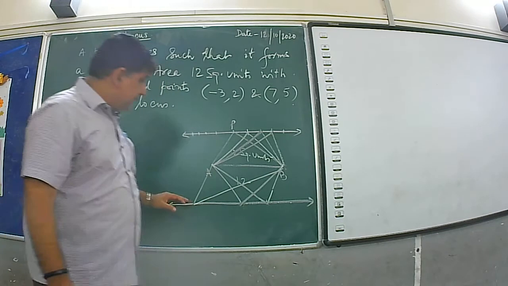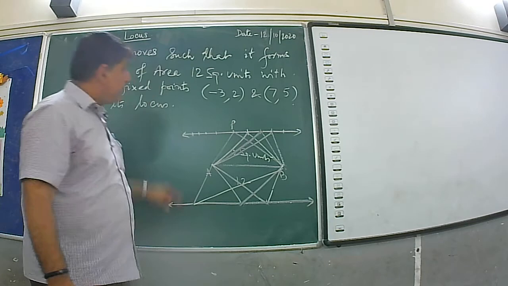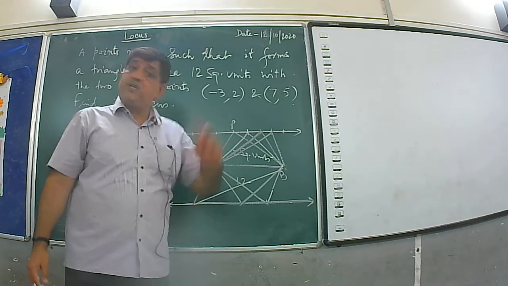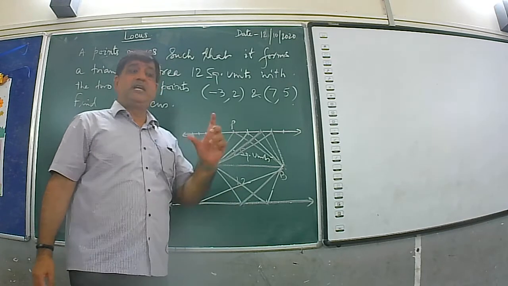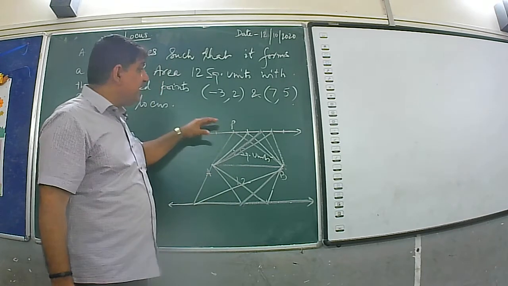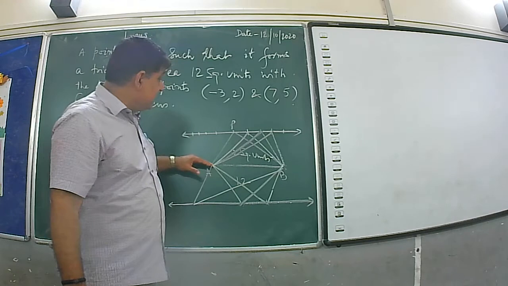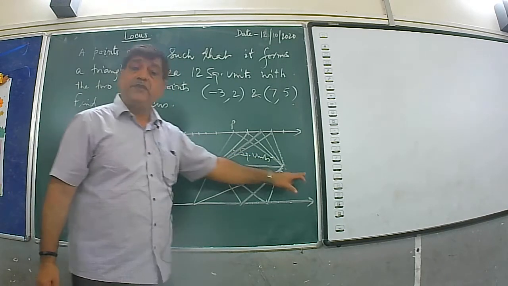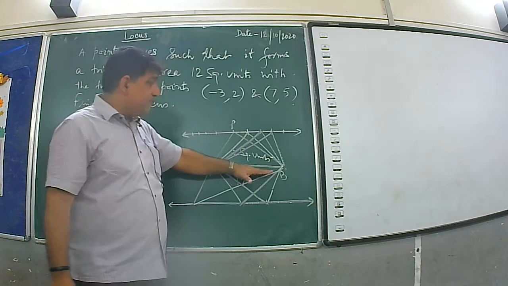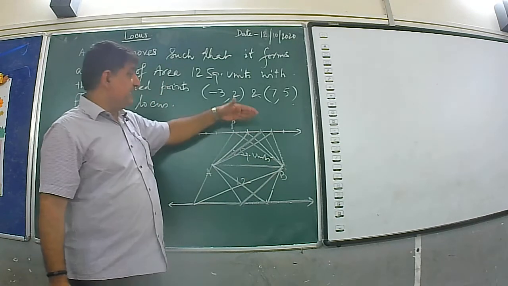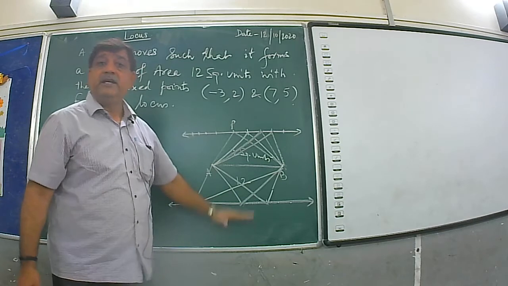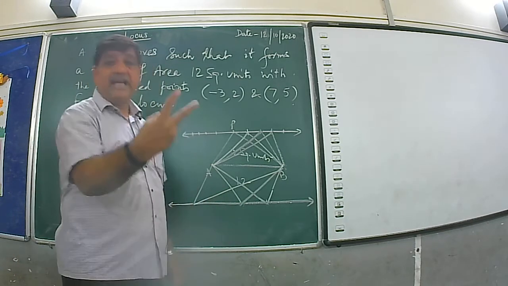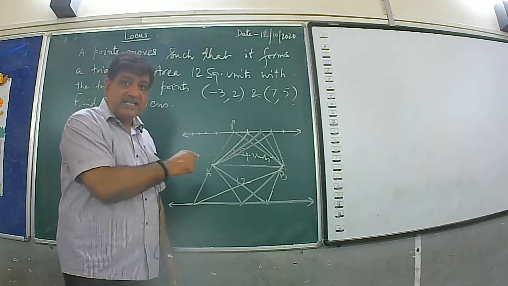So whatever the position of P on these two parallel lines, the area of the triangle formed will be 12 square units. So, what about the locus? The locus is a line parallel to the line joining A and B, the two fixed points, and that line may be in this direction or in this direction. So this locus is represented by 2 lines, not a single locus.